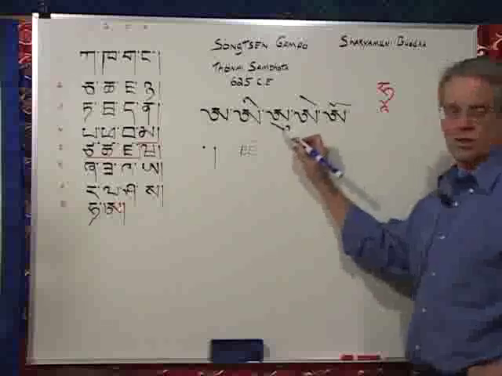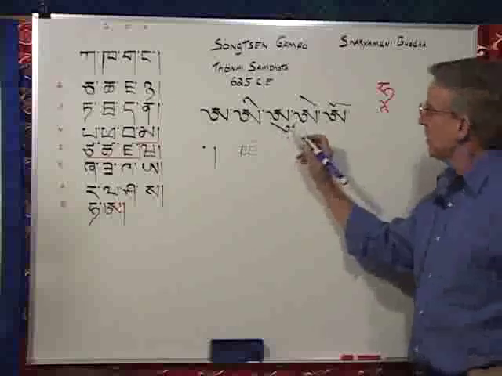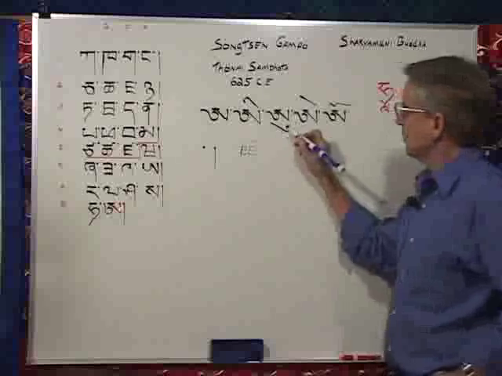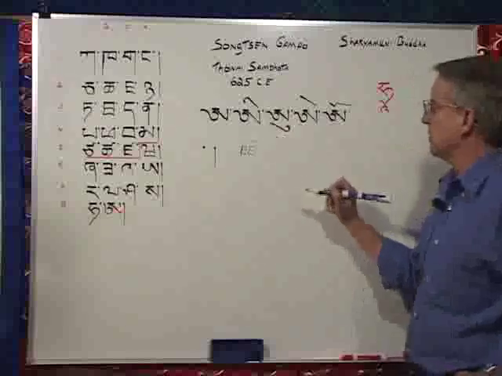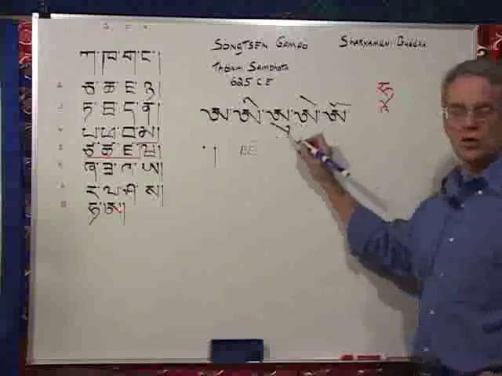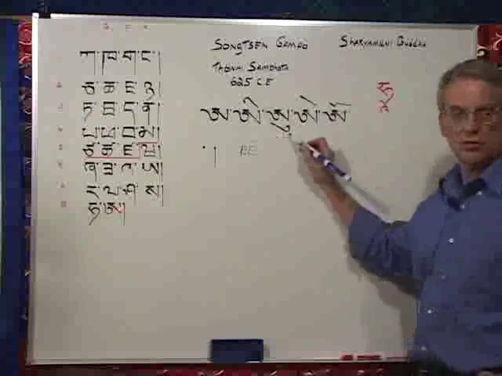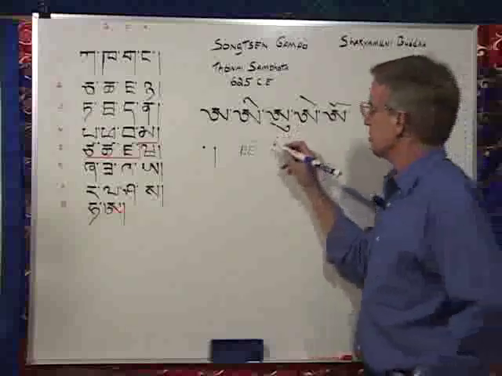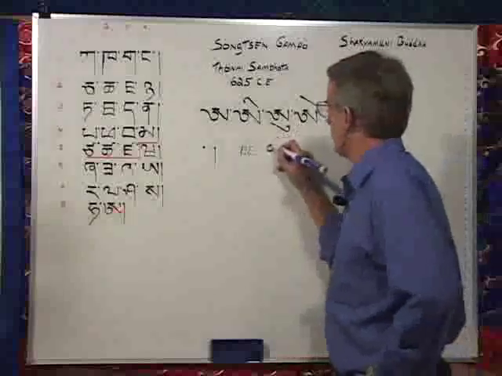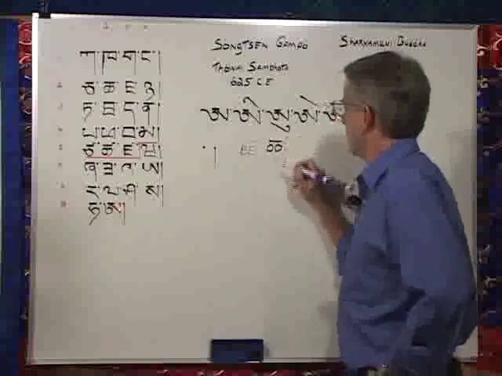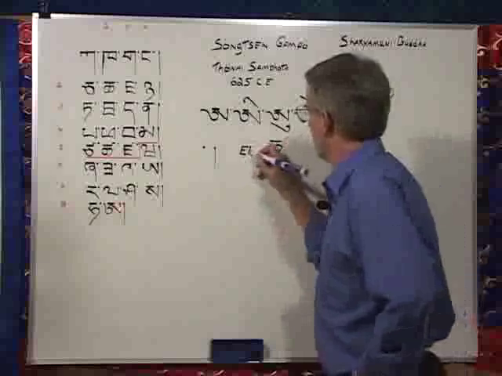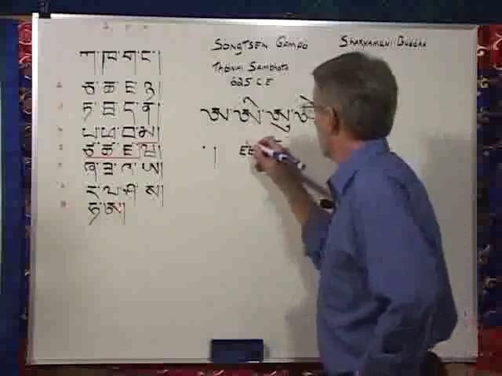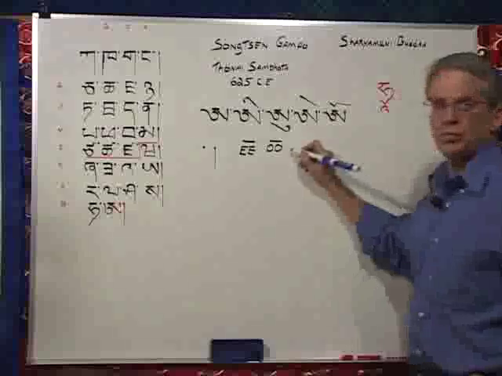The next vowel sign is called a shabkyu. It's made in one motion from the top here around the hook and back to the top left. That's the name of the vowel sign. The sound that it makes is oo, the long oo, as in moon.